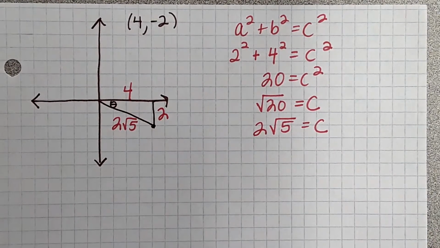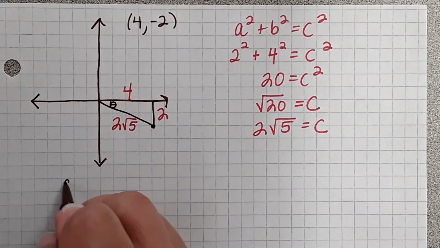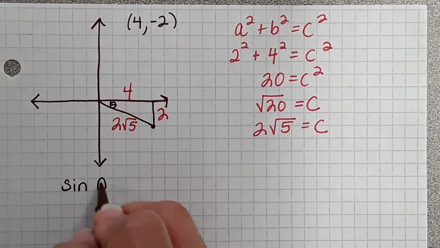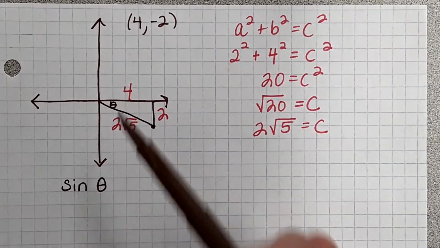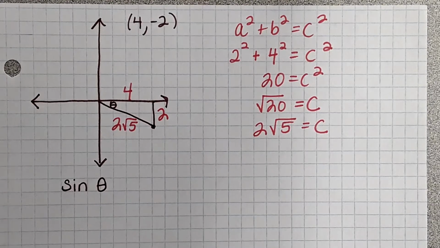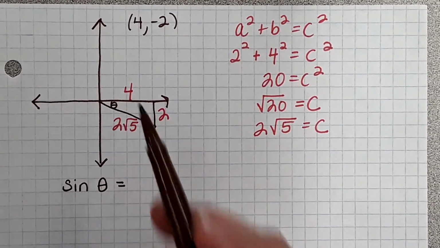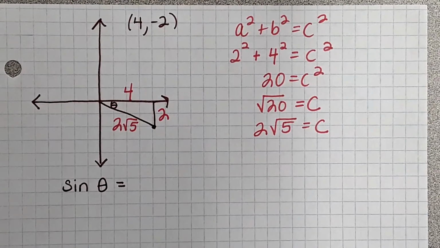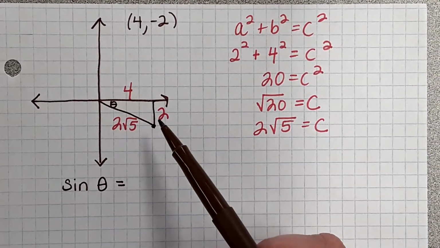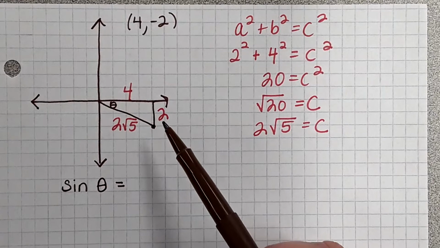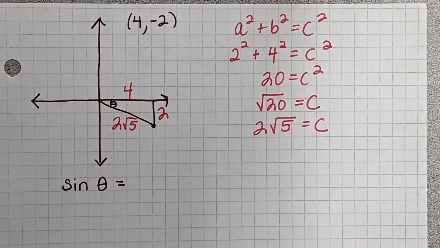So we're going to start with sine of theta. And again, you guys, theta is always between the terminal side and the x-axis. So here is theta. That's that angle measure you're looking for. What is sine? What is the ratio of sine?